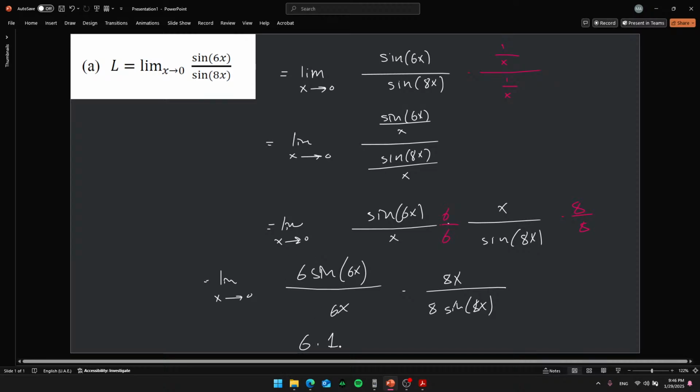So 6 times 1 times 8x over sine 8x is 1, and we have an 8 on the bottom. So 1 over 8 times 1. So we have 6 over 8, and divide by 2, it's 3 over 4. Yeah, divide by 2, divide by 2, okay. 3 over 4.